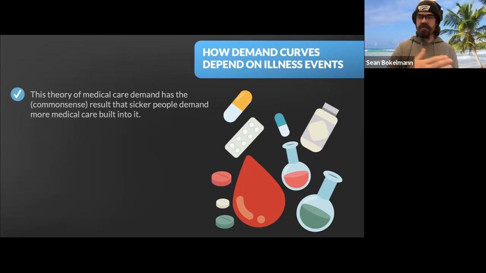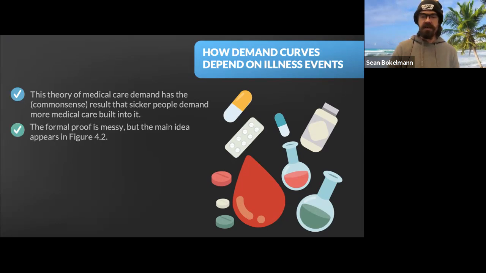This result is built into the theory we've built. If we were to go through a formal mathematical proof, it would be pretty messy. But we can illustrate the main idea of this, and we actually already saw this main idea in Figure 4.2.